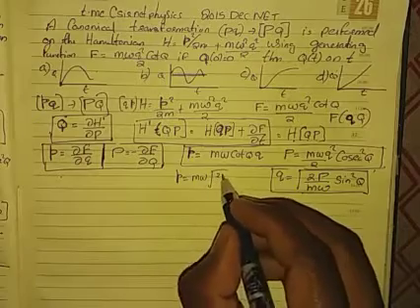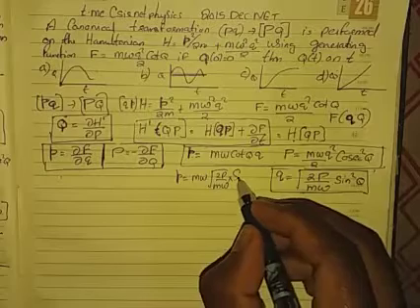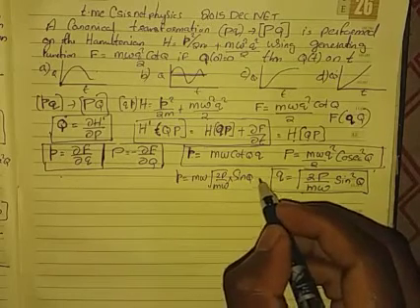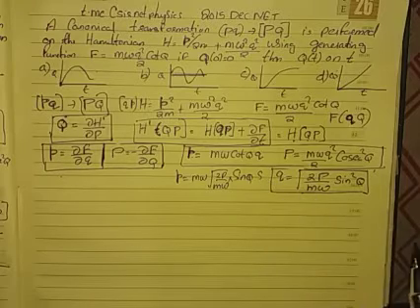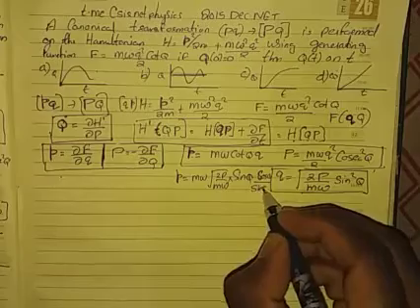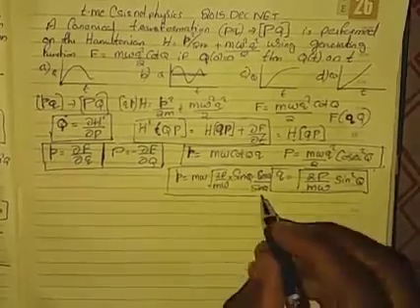You get 2P by m omega times sine Q times cot Q, which is cos Q by sine Q. So you got p also.